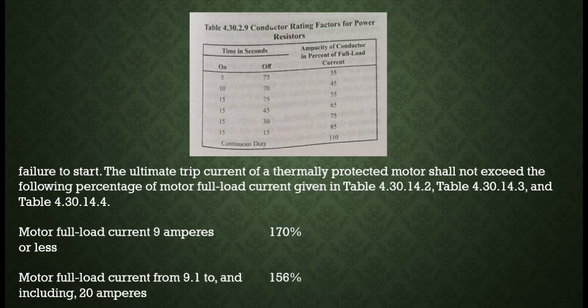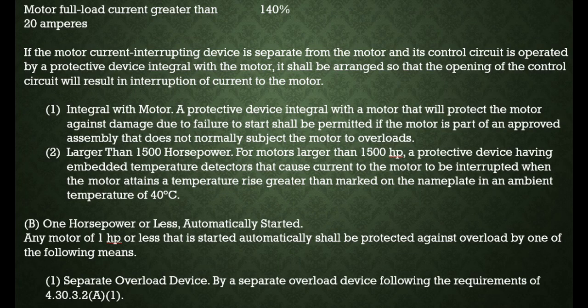For currents between 9.1 and 20 amps, it's 156%. For motor full load currents greater than 20 amps, the ultimate trip current is limited to 140%. If the current interrupting device is separate but controlled by a motor integral protective device, the control circuit's opening must interrupt current to the motor.